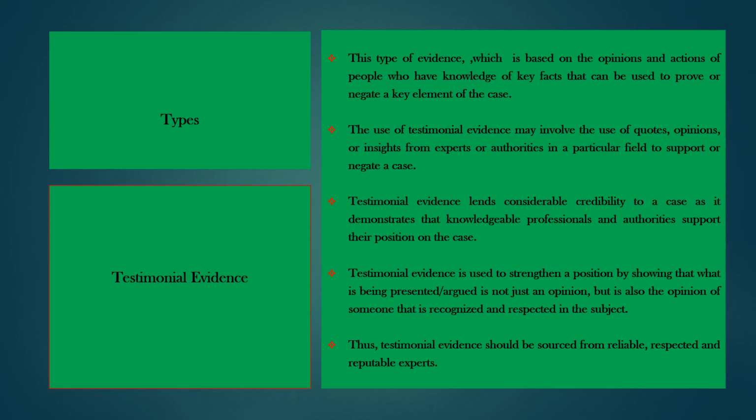We want to look at the various types of evidence that at any one time investigators and prosecutors might be called upon to present in court in their effort to persuade the court to have the suspect convicted.